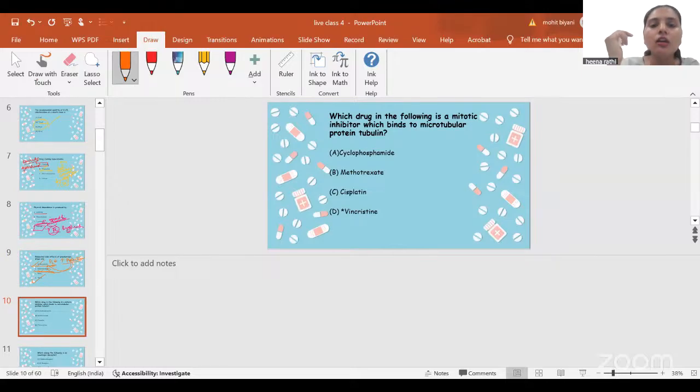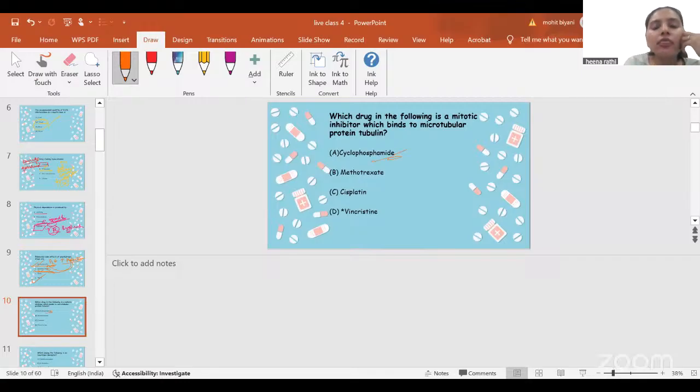Which drug in the following is a mitotic inhibitor which binds to the microtubular protein tubulin? Cyclophosphamide, methotrexate, cisplatin, and vincristine. The drug cyclophosphamide is an anti-immunity drug. For autoimmune disorders, we can use this drug, cyclophosphamide.